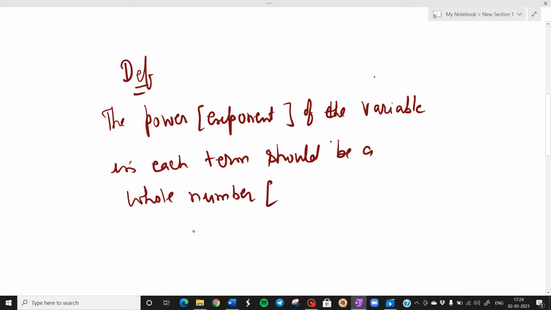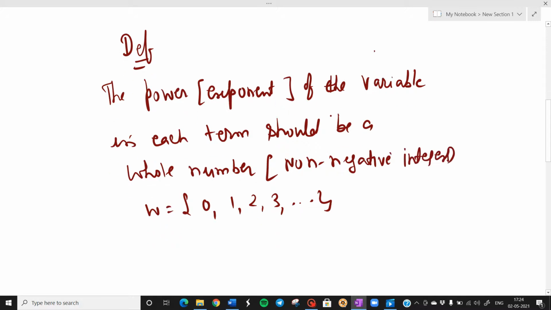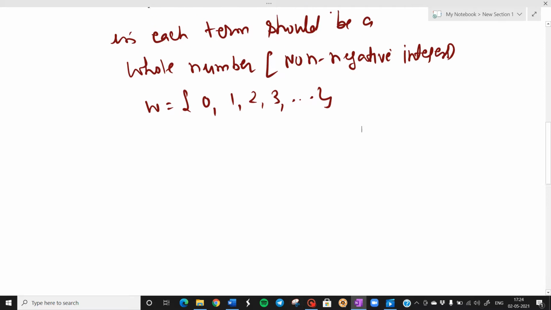And whole number means that is either 0, 1, 2, 3, and so on. The other name of whole number is non-negative integers. We discussed this also in ninth class.